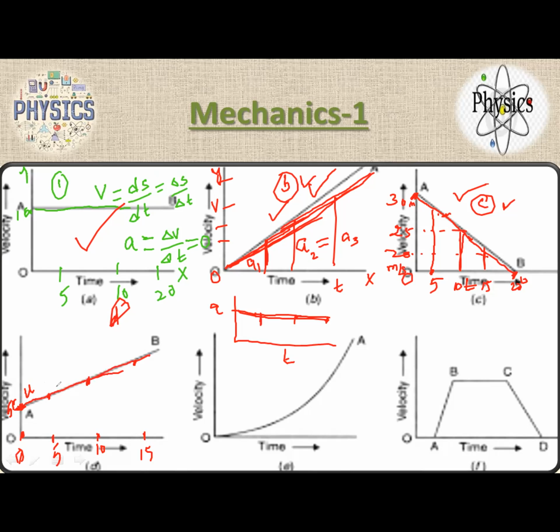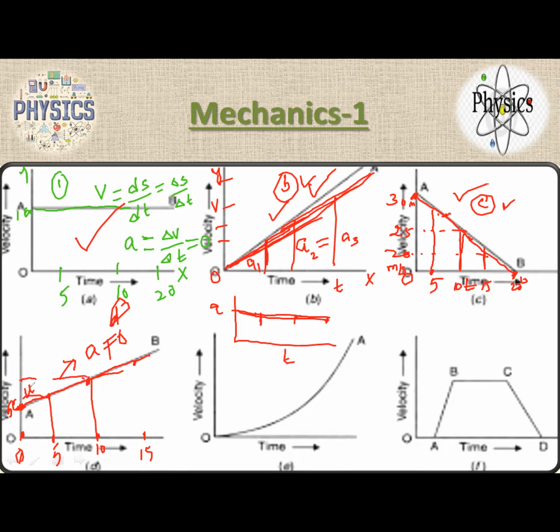So if there is no uniform change in velocity, the acceleration is not equal to zero, or it is not even constant. Okay? Yes, sir. If you know the numbers, you can calculate it easily.